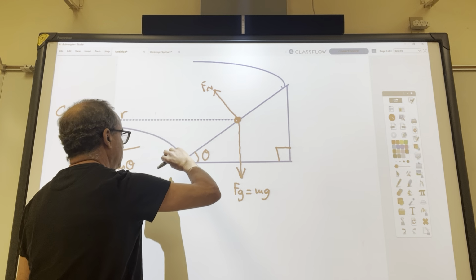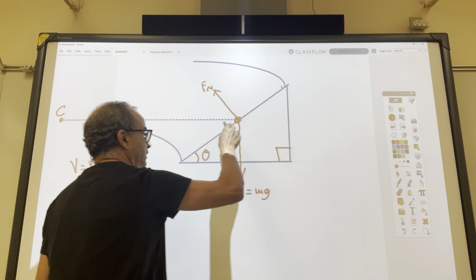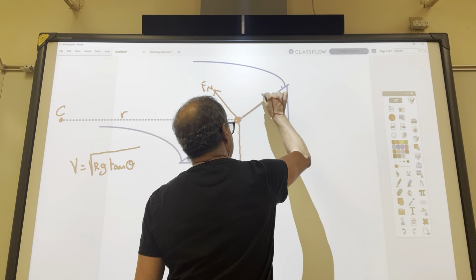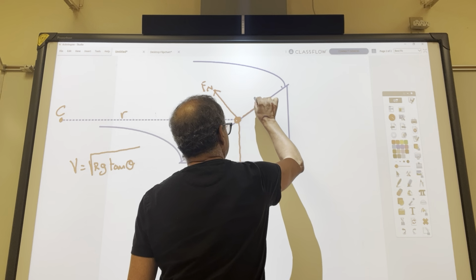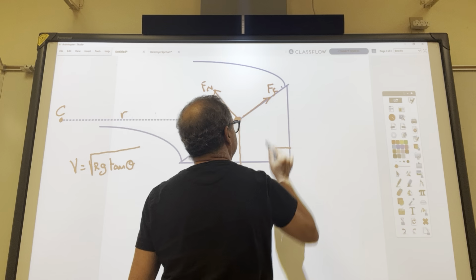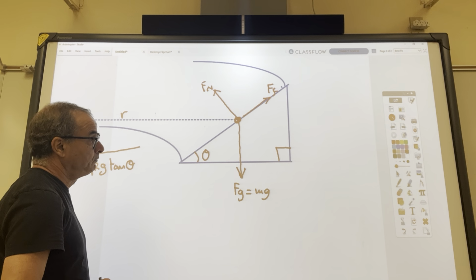So we're going to have some kind of friction that prevents it from sliding down, and that will be the other force that we need: the friction, lowercase f. Those are the three forces we now have.